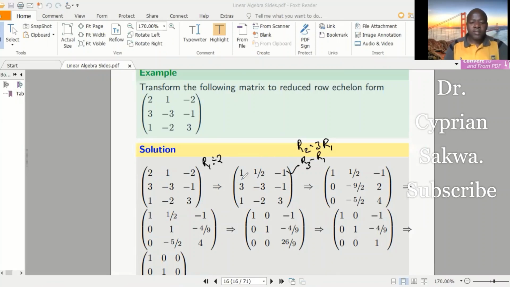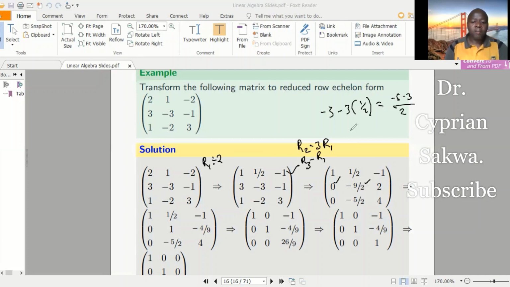So let's do that very fast. 3 minus 3 times 1 is 0. Negative 3 minus 3 multiplied by a half: that is negative 6 over 2, minus 3, which is negative 9 out of 2.